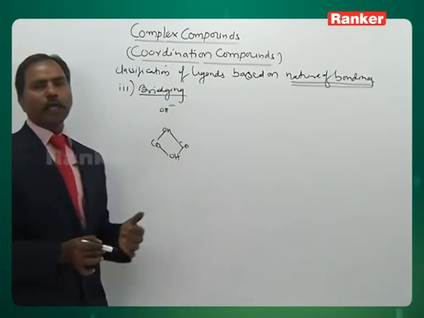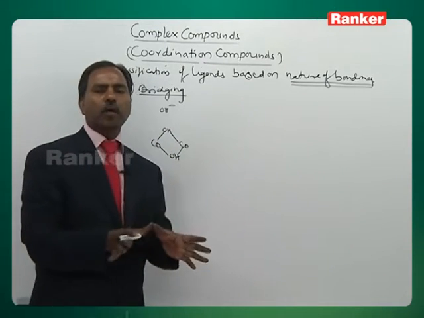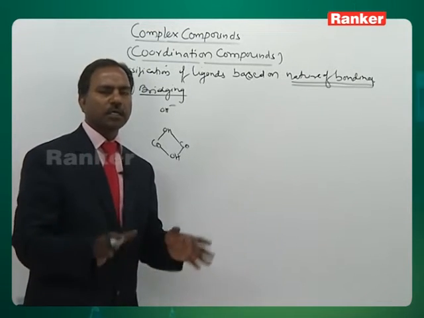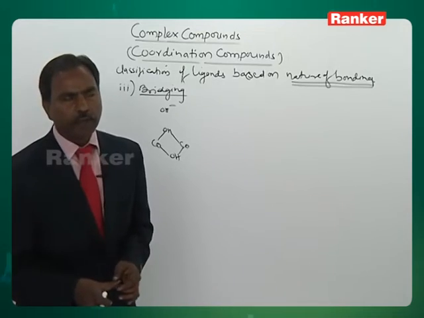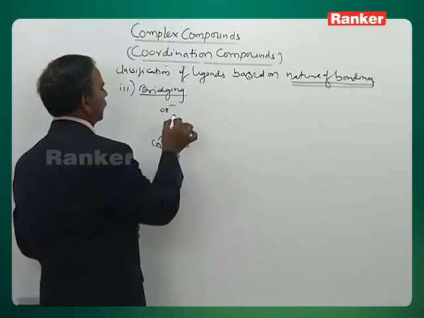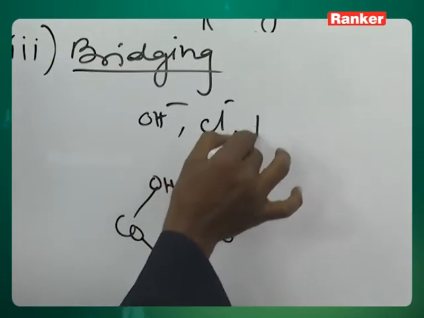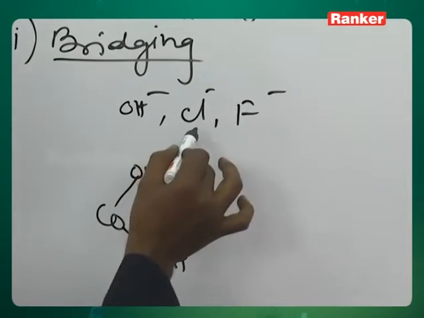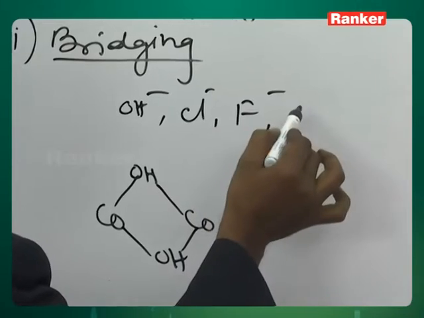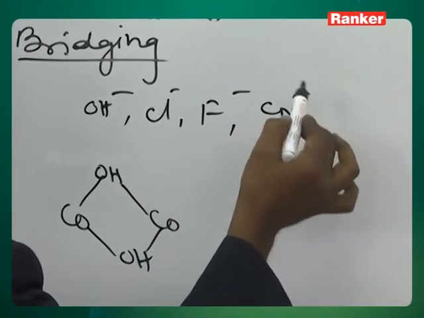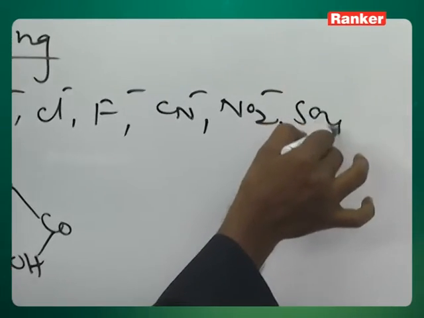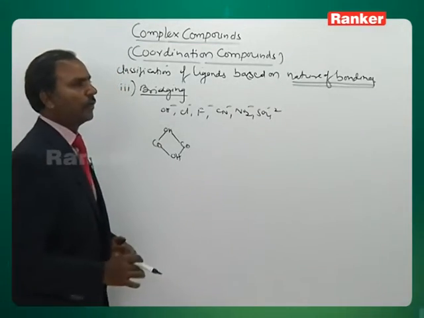So some of the ligands are capable of forming 2 sigma bonds with the 2 metal atoms, acting as a bridge between the metal atoms. Such ligands we call bridging ligands. Under this you can take OH minus, Cl minus, F minus. So OH minus, chloro ligand, fluoro ligand, and you can take CN minus, NO2 minus, and sulfato ligand can also act as a bridging ligand.